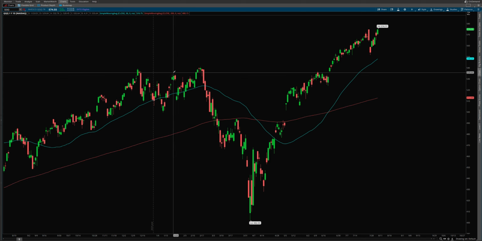So the main goal of trend analysis is not to predict the trend, but to align with the current trend and know when it's likely to continue and when it's likely to pause or reverse. So let's dive into a little bit more about the structure of the trends and how to know when you should not be playing the trend any longer.